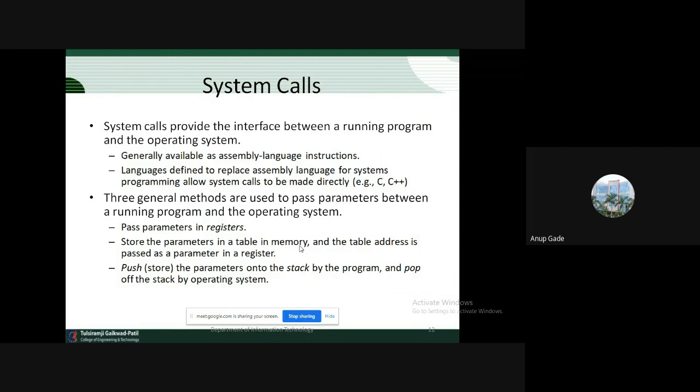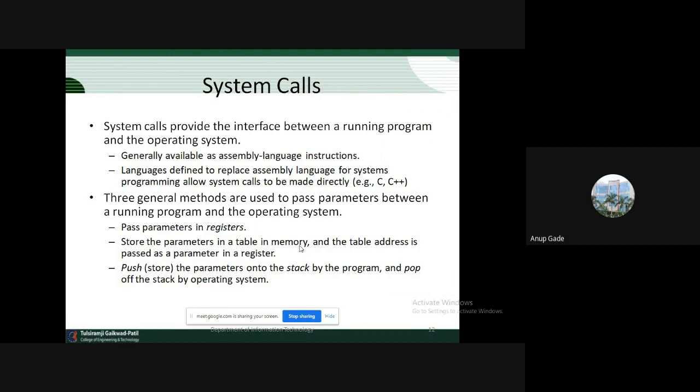Then, in order to pass the system calls, there are different techniques. Three different methods are used to pass a parameter between a running program and an operating system, that is, a system call. First, pass the parameter in a register. Second, store the parameter in a table in memory, and the table address is passed as a parameter in a register, because we know that register size is limited.